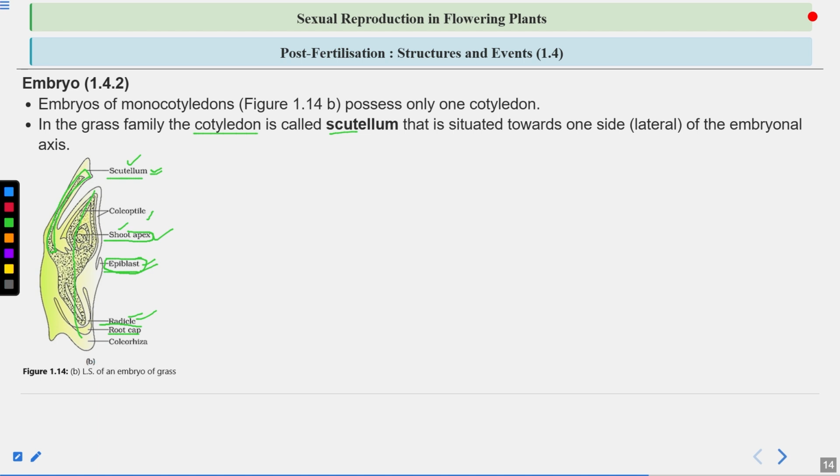They divide and form the cells of the embryo proper, because these cells divide and add to this embryonal axis continuously, and that is going to form the shoot apex and the root apex, right? Scutellum, that is the cotyledon. So all the parts we have discussed in the case of a monocot plant. Now this is the embryo of a typical grass plant. Grass comes under the monocot only.